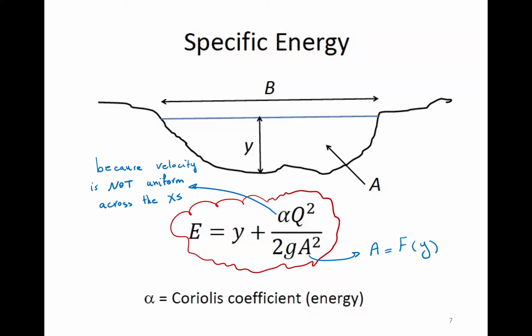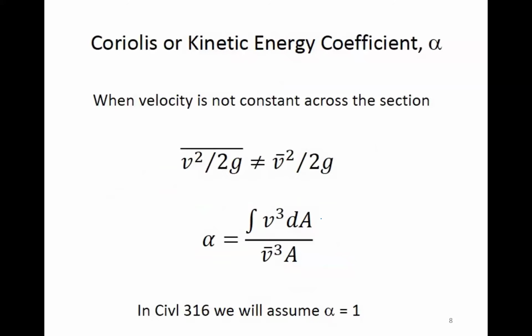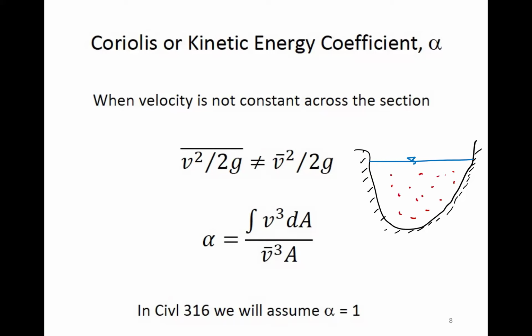What is this coefficient and how do we calculate it? If you imagine you have a section and it looks like this, that's a section of the flow, an irregular section, and we have the water level here, and we have a bunch of points everywhere.